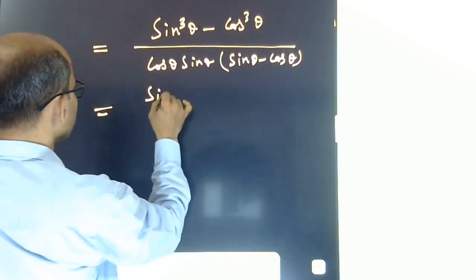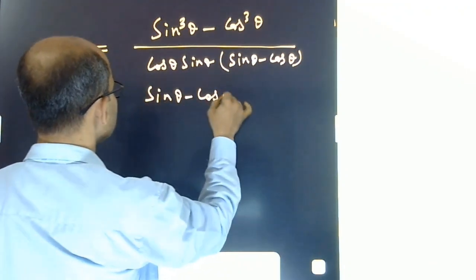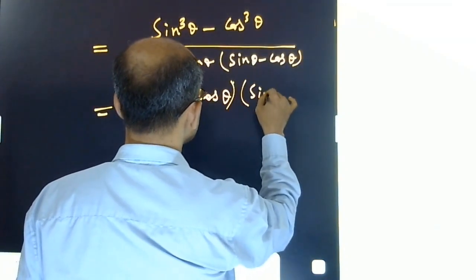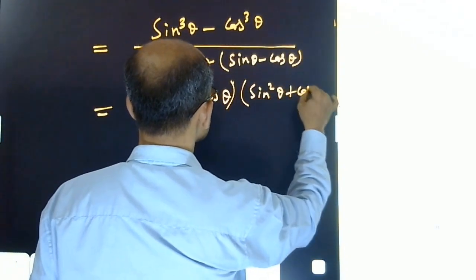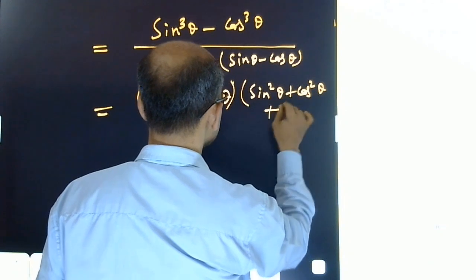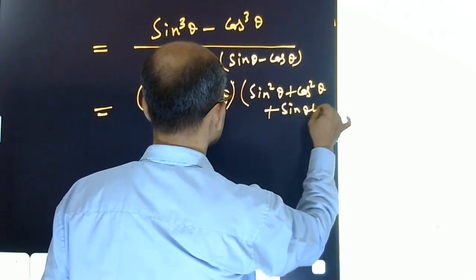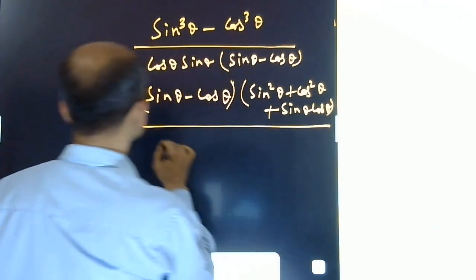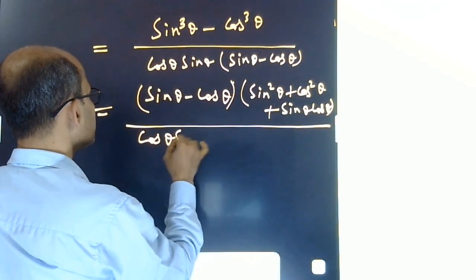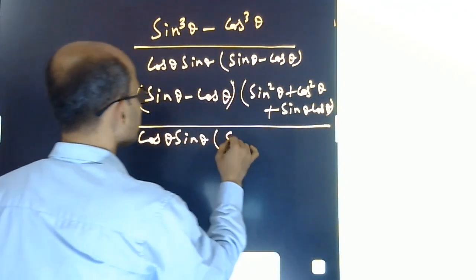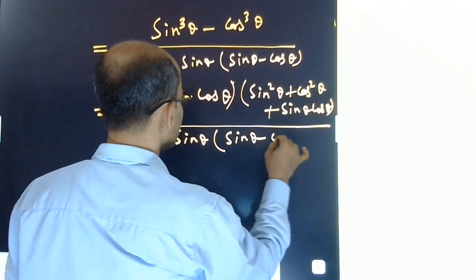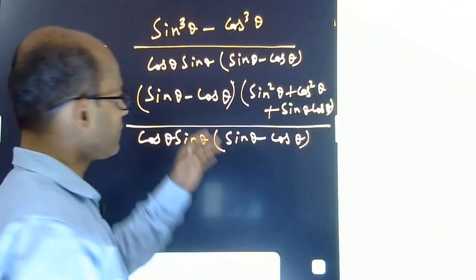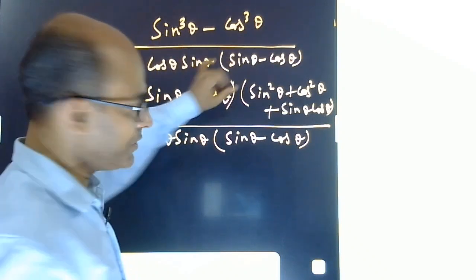This will become a minus b, cos theta minus sin theta, and sin square theta plus cos square theta plus sin theta into cos theta, divided by cos theta into sin theta minus cos theta. The denominator is simply written in the same manner, whatever denominator we had already got.